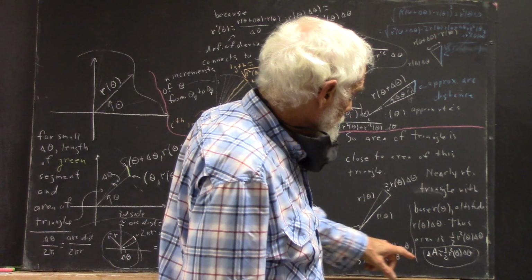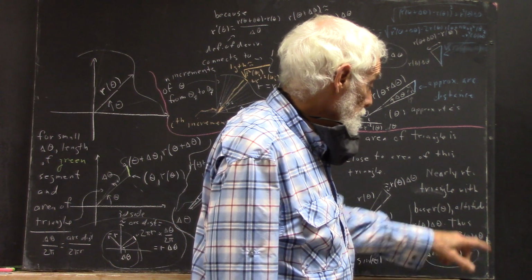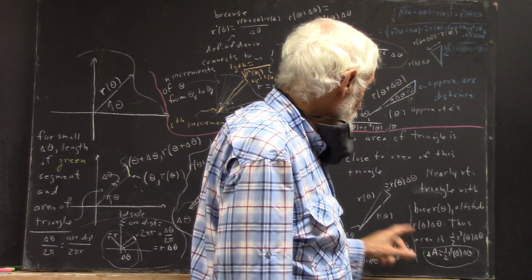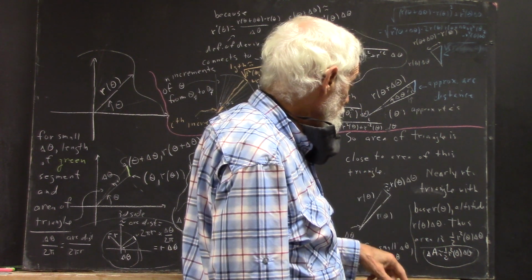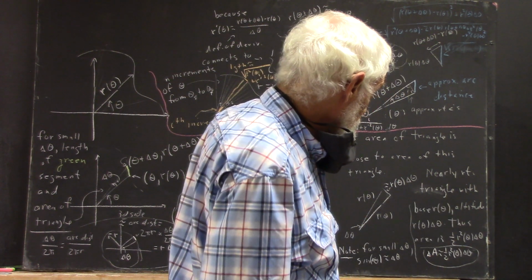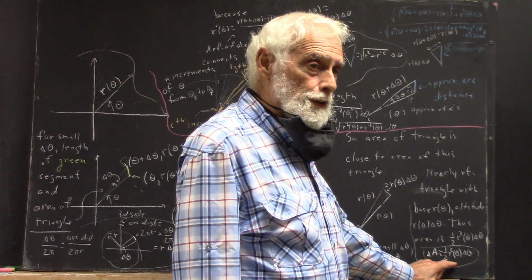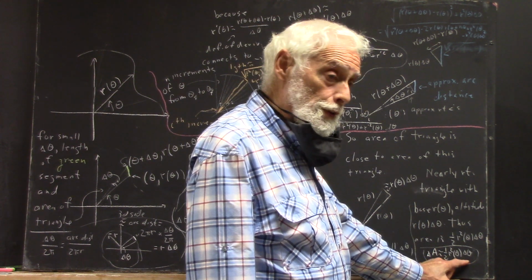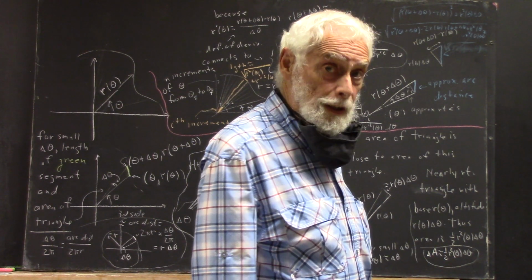So the area is approximately 1/2 r squared of theta times delta theta. 1/2 the base r times the altitude r delta theta gives us 1/2 r squared delta theta. Okay? So the area is approximately this, and again in the sense that as we let delta theta approach 0, this approximation becomes exact.